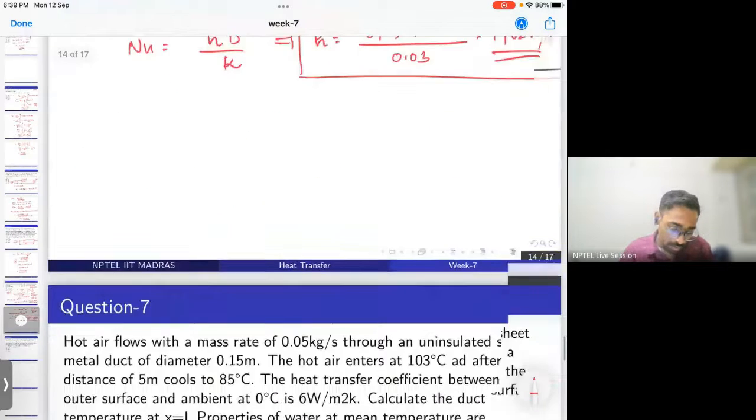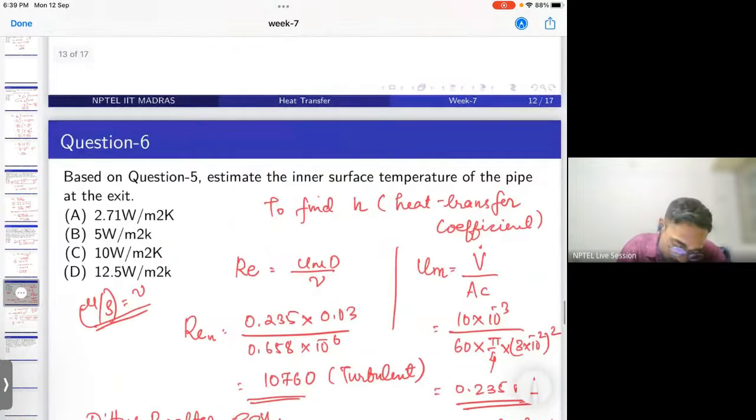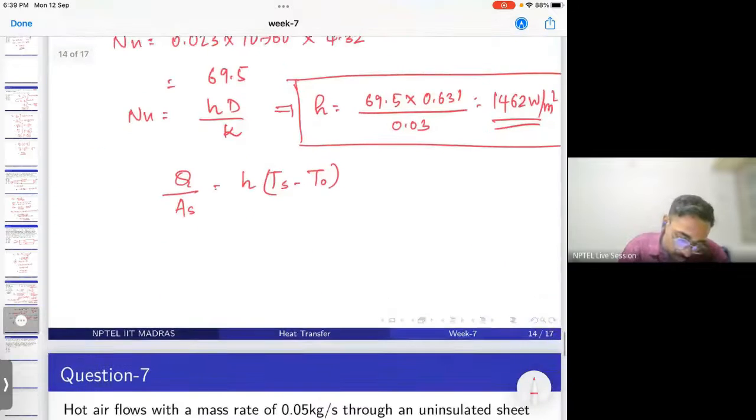So we know Q by A surface is equal to H times T surface minus T outer at the exit. Okay, so here the heat flux is constant because it's not varying with the length.